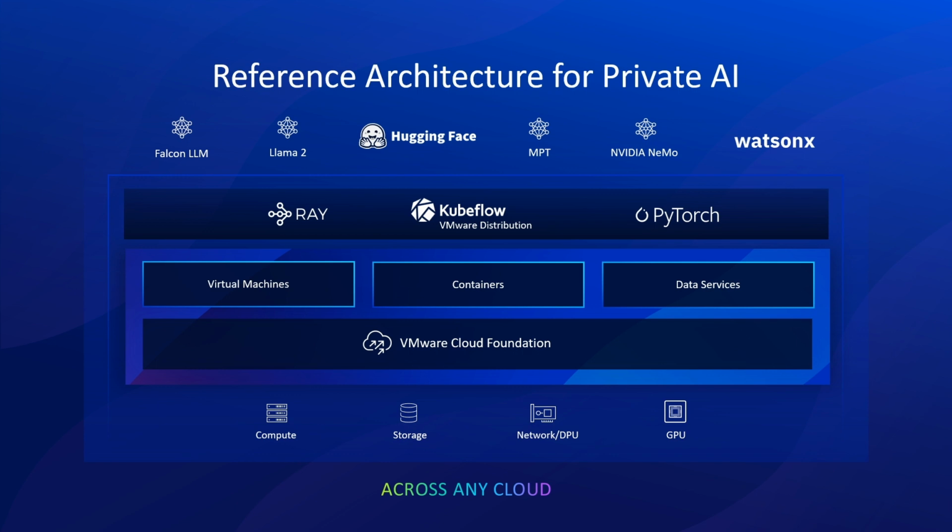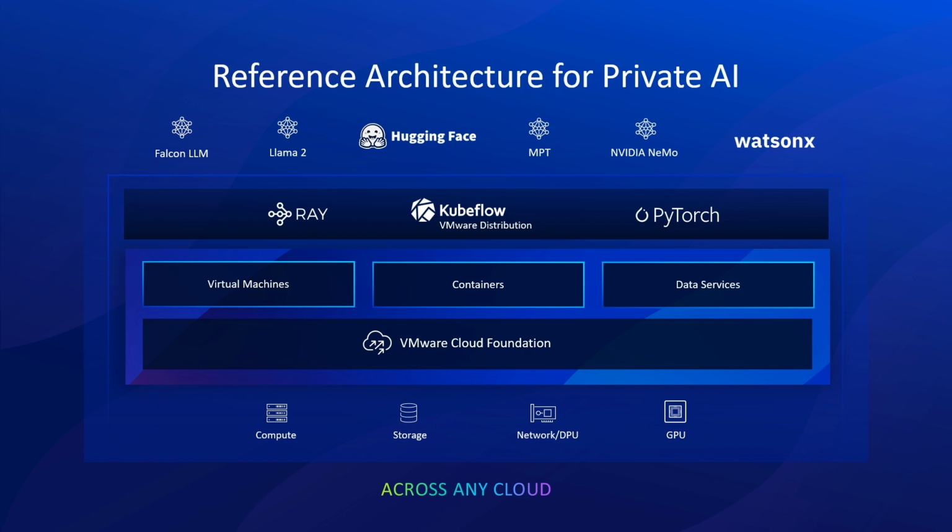So you need a single pane of glass for management, a single layer of compute, and a single layer of consumption of that environment. And above it is the framework that you can use. You can use Ray, Kubeflow, PyTorch, whatever you wish. And then above it is where you run your large language models.